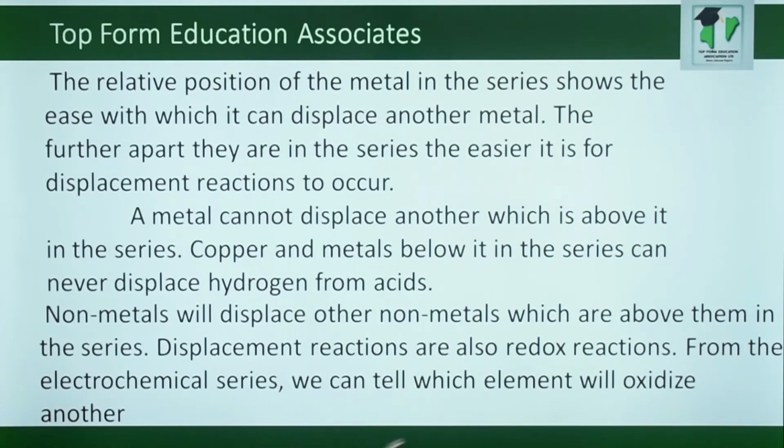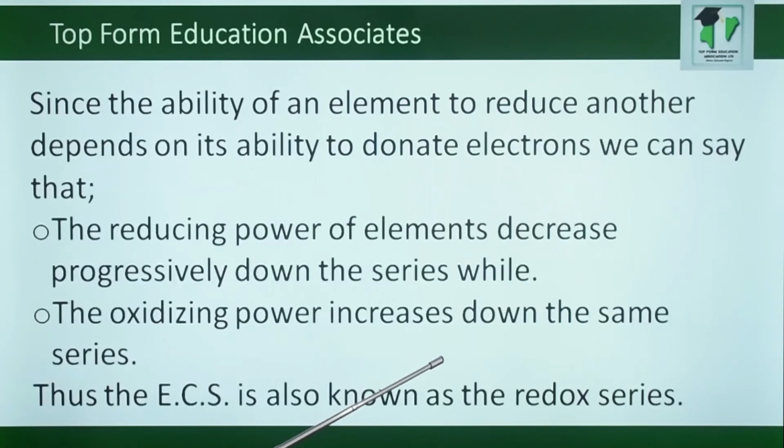From the electrochemical series, we can tell which element will oxidize another. Since the ability of an element to reduce another depends on its ability to donate electrons, we can say that the reducing power of elements decreases progressively down the series, while the oxidizing power increases down the same series.